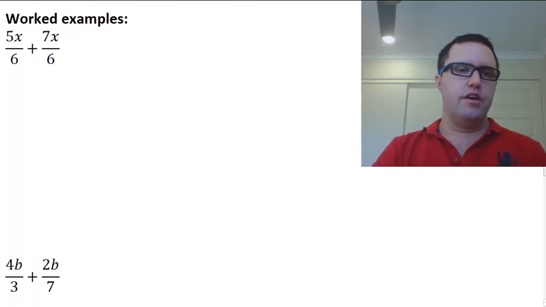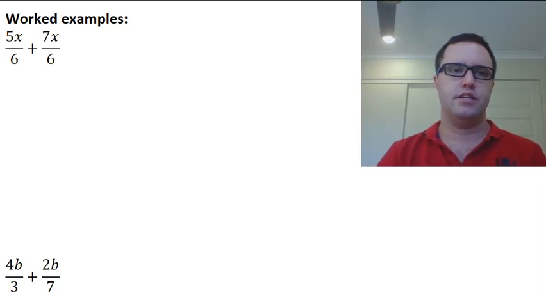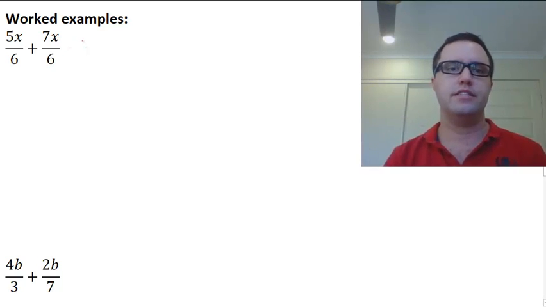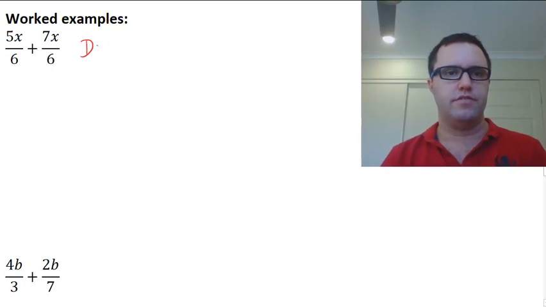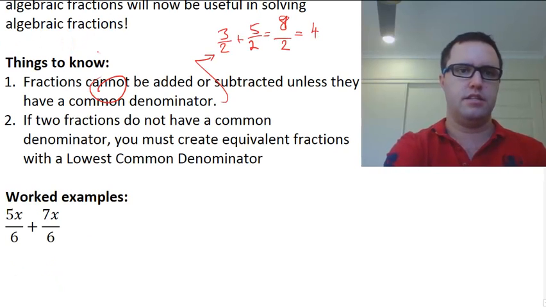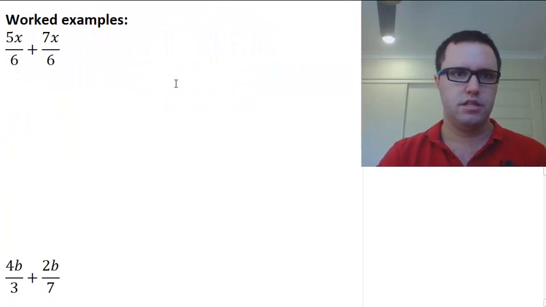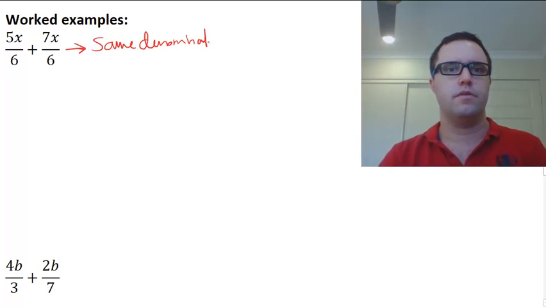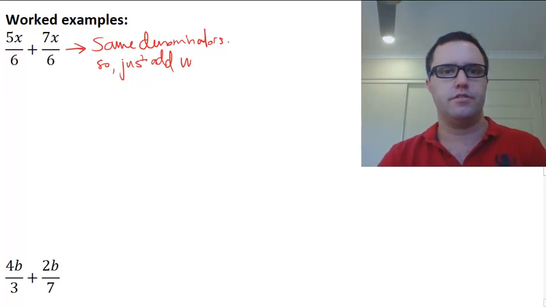All right. First off, here we have 5x over 6 plus 7x over 6. Okay, now first thing you ask yourself, are the denominators the same? We have the same denominators, so we just add the numerators.